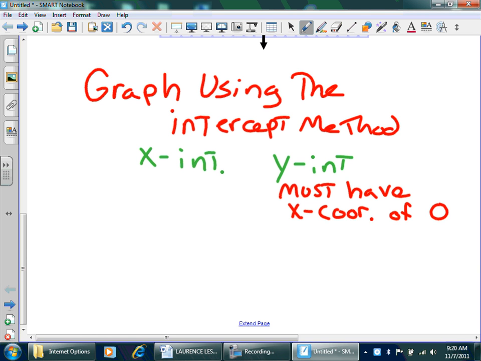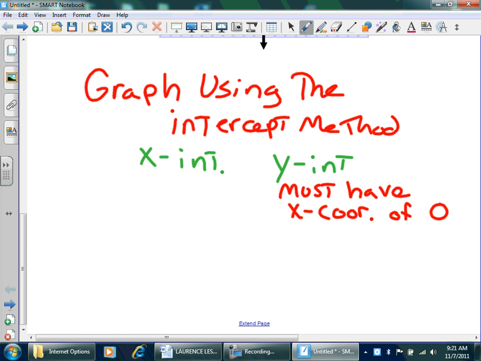To be a y-intercept means I am on the y-axis. Name any point on the y-axis, and you will always have to say 0 and then another number. (0, 0) is on the y-axis. (0, 1) is on the y-axis. (0, negative 55) is on the y-axis. 0 and then a number means you're on the y-axis.